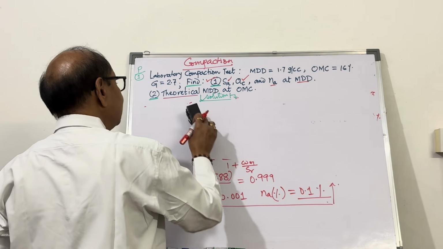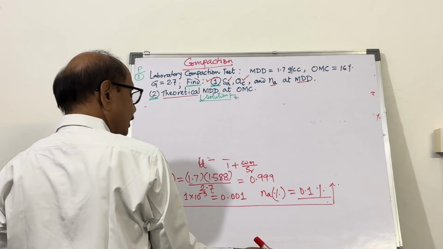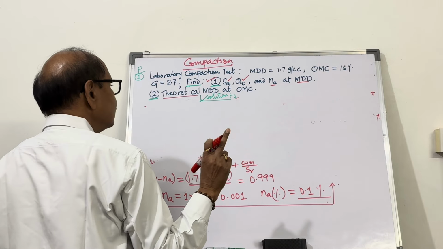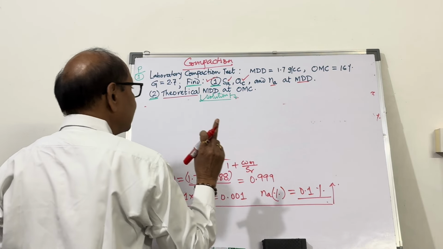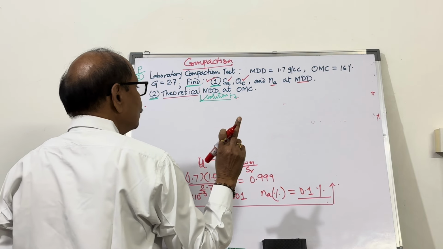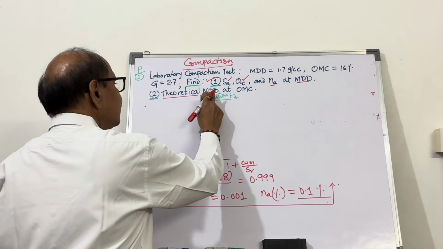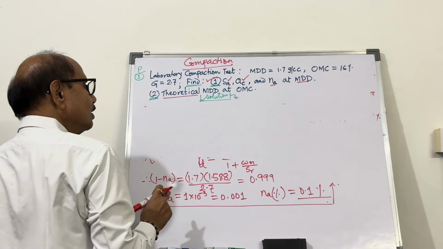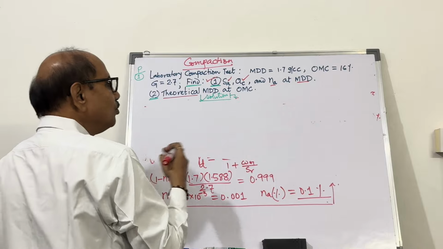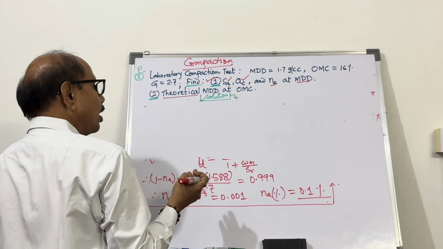At theoretical MDD, the degree of saturation is considered to be 100%, and percentage air voids will be 0. No air will be there at theoretical maximum dry density, though practically it is not feasible to remove all the air by the compaction process.